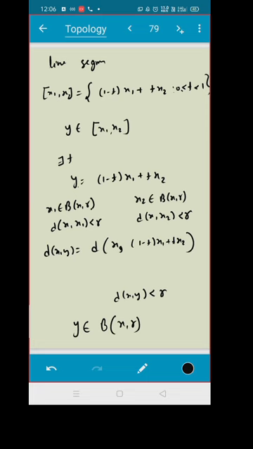Think about it. You have to prove this thing is less than r. Do you have any idea? Then tell me. Sir, we can write d(x, x1 plus t times (x2 minus x1)).